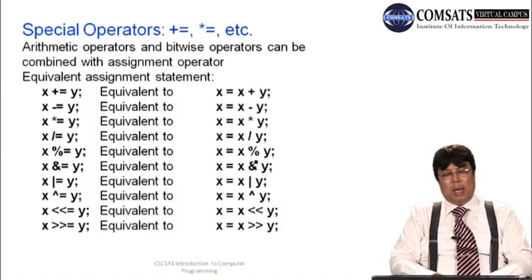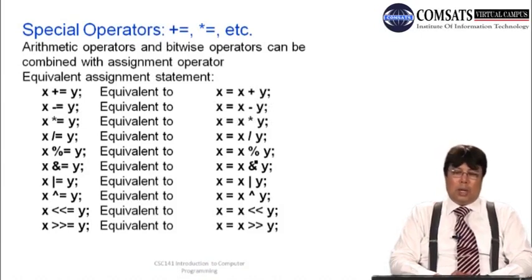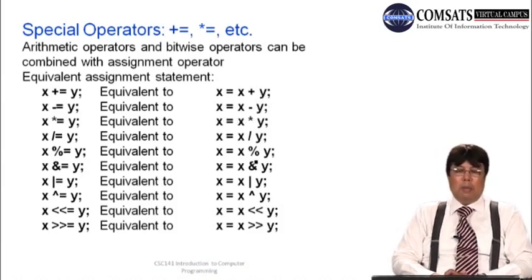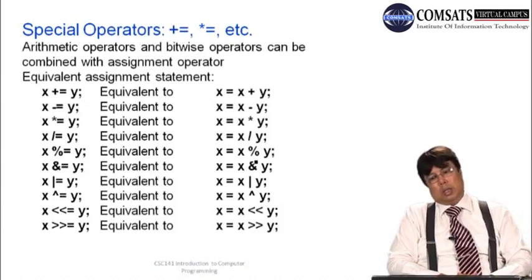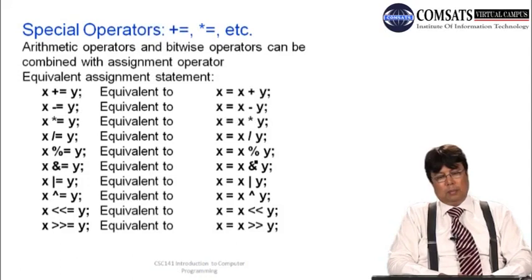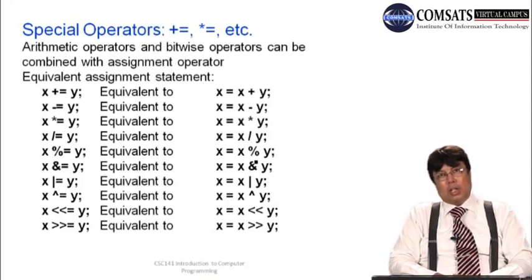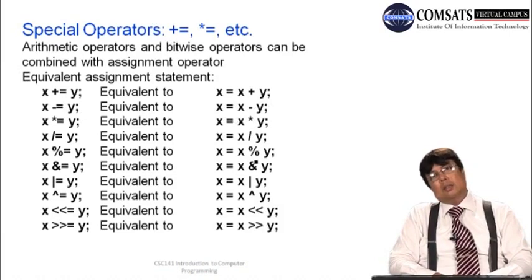X multiplied by equal y will be translated as x is equal to x multiplied by y. So the arithmetic operators and bitwise operators can be combined with assignment operators, but in a different way here. X divided by y we can write as x slash equal y, which will be translated as x is equal to x divided by y.